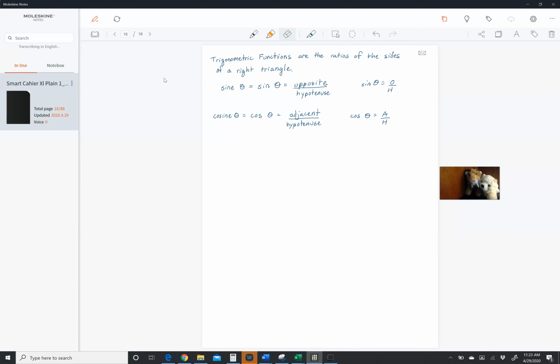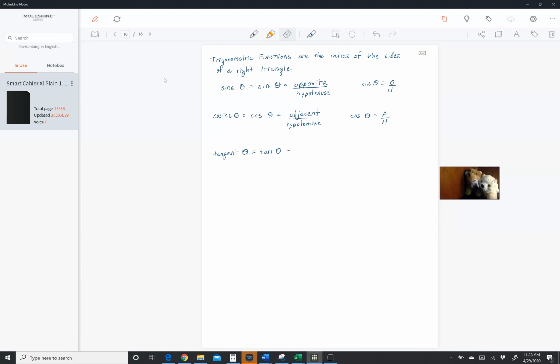Then we have the last one, which is tangent. It's abbreviated tan. A lot of times you will hear people say tan of theta. You will not hear people say, and you should not hear people say, cos of theta, okay?